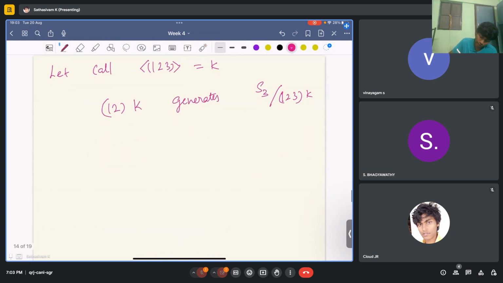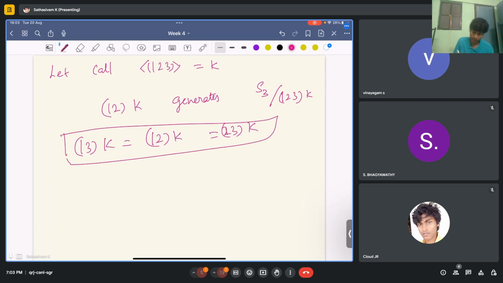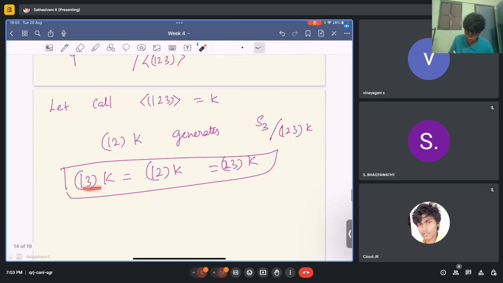Similarly, one can argue that (1 3)K also generates that, and you can check that (1 3)K, (1 2)K, and (2 3)K are all the same coset. So it is generated by any of these, up to just a different representative.